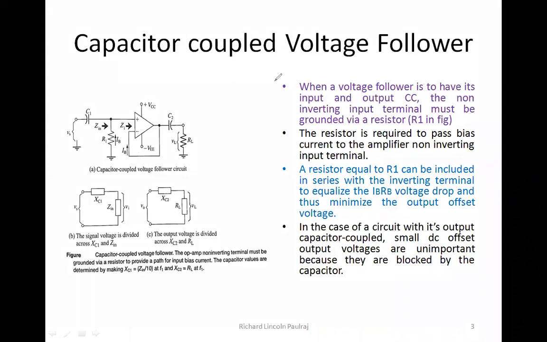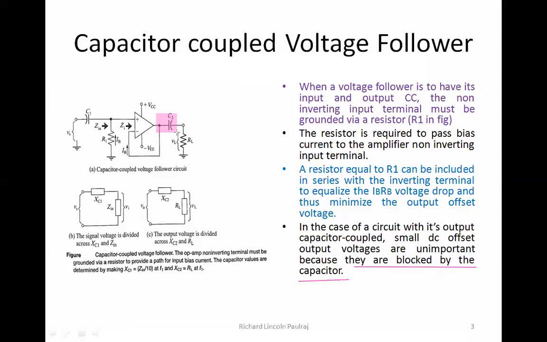In case of a circuit with its output capacitor coupled, small DC offset output voltages are unimportant because they are blocked by the capacitor. So whatever capacitor you see towards the output side, they block.